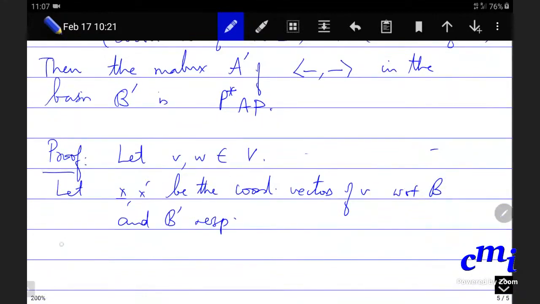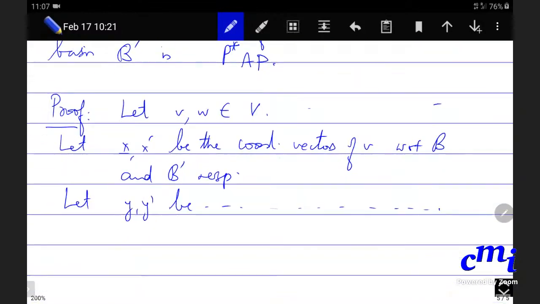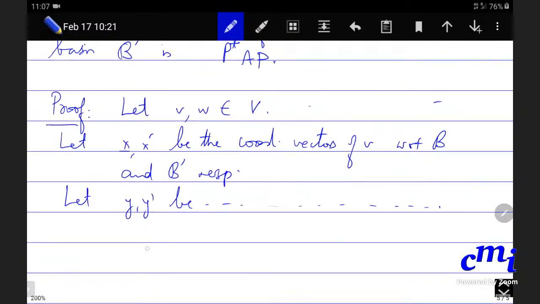Similarly, let y and y prime be the coordinate vectors of w. So then what do we have? (v, w) can be evaluated in two different ways.